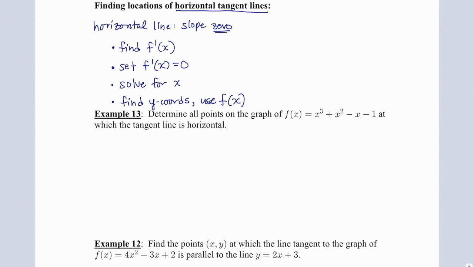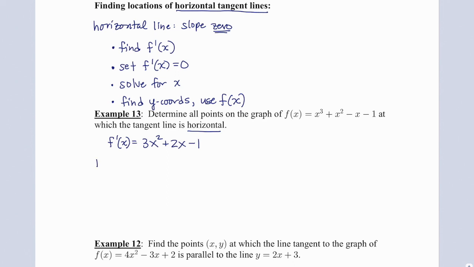So if we're asked to find all points on the graph of this function that's given where the tangent line is horizontal, we will follow that process and we'll say, first, I need to know what is the function that gives me the slope of the tangent line at any point. And for this, we'll have 3x squared plus 2x minus 1 from the slope of negative x, and then minus 0 for the derivative of negative 1.